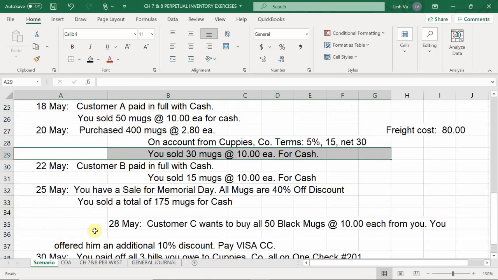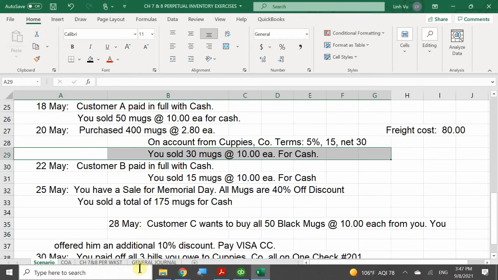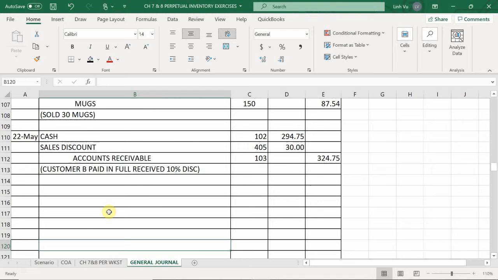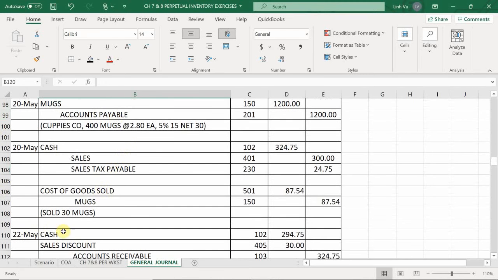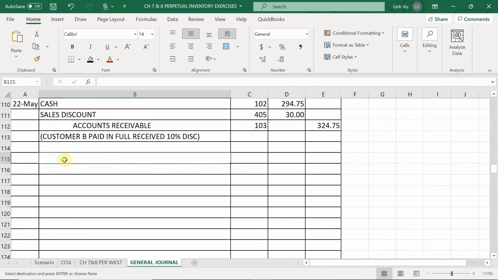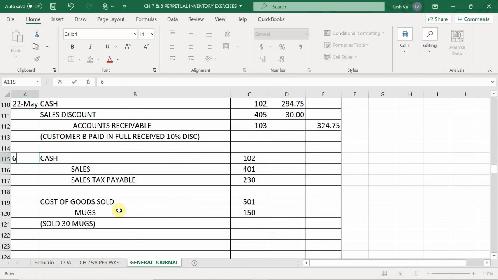So let's see, that's the 22nd, and then we end up selling an additional 15 mugs at $10 each for cash. So once again, we need to recognize that we sold an additional 15 mugs for cash. So once again, I'm just going to go ahead and copy this piece of information here. Okay.